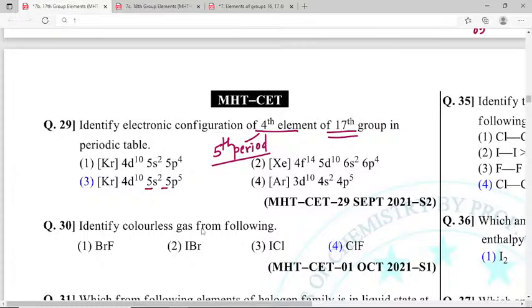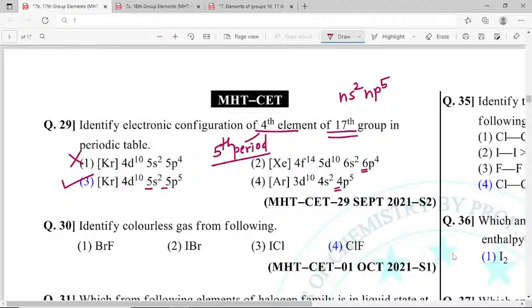The others are the sixth period and the fourth period. Yes, very good, fifth period.